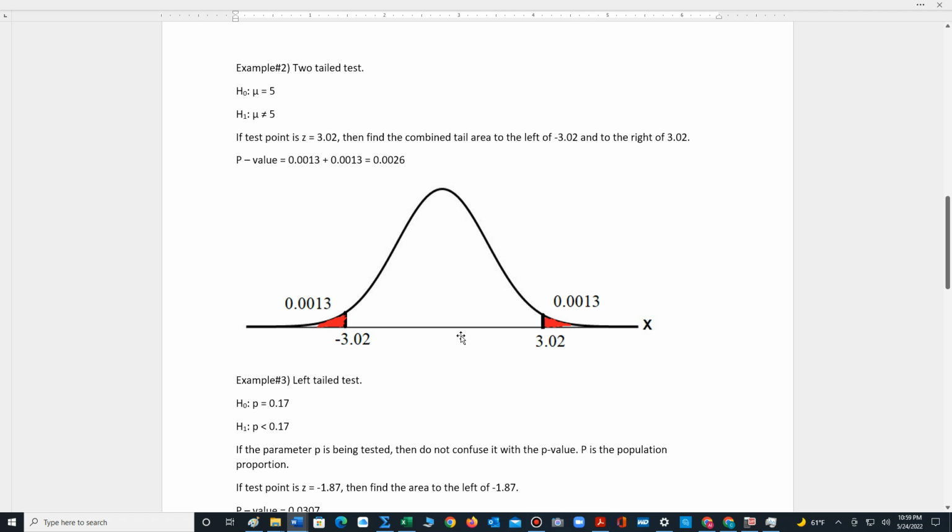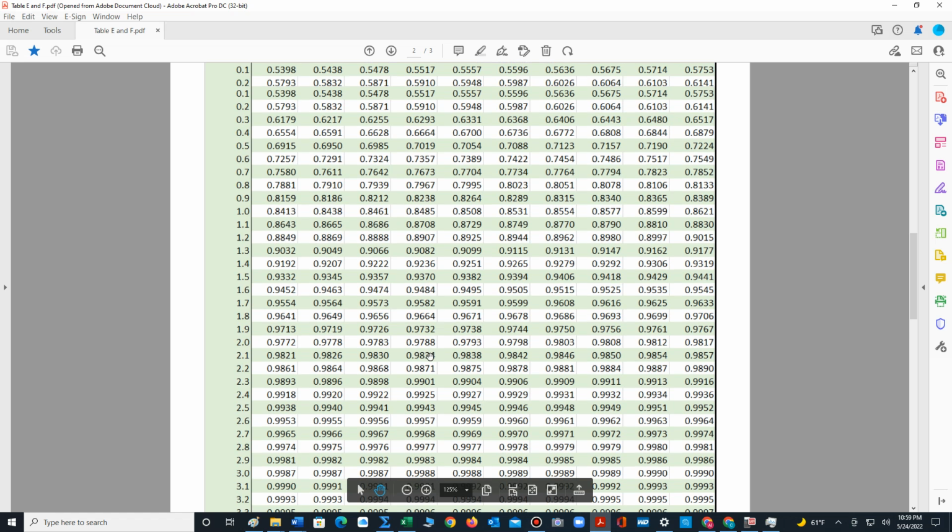What I typically do, and we're just using symmetry to write down these two values, and we're doing this because it's a two-tailed test. Then we can look up the area to the left of negative 3.02 using the table.